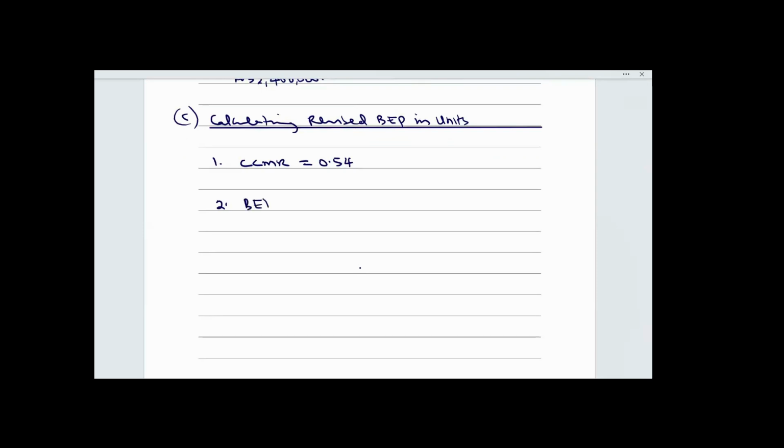So the break-even point in Naira will be the revised fixed cost, 11,016,000, divided by the revised contribution margin ratio of 0.54. That's 20,400,000.